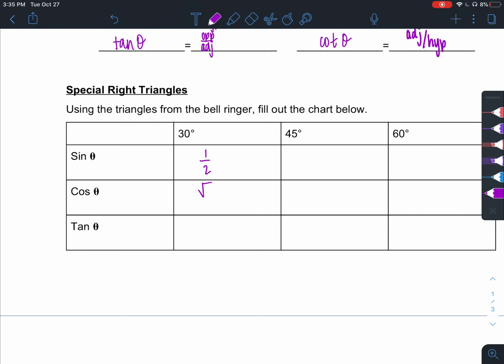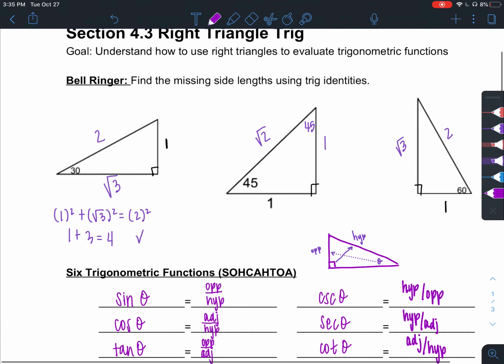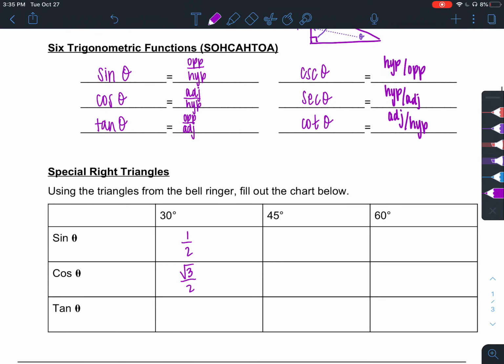Sorry, I accidentally erased that. Radical 3 over 2. Then my tangent is opposite over adjacent. So 1 over radical 3. We don't like to leave radicals in the denominator, so we're going to multiply by radical 3 over radical 3. So we get radical 3 over 3 as that angle.